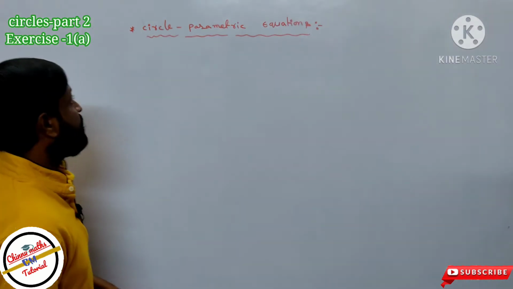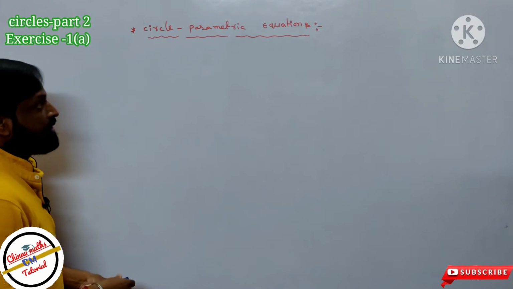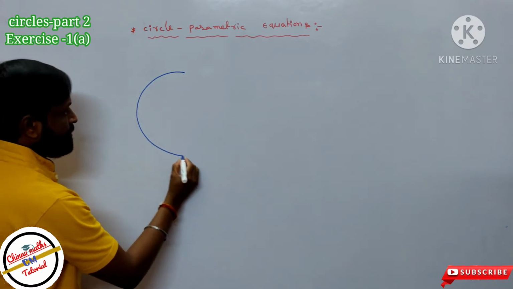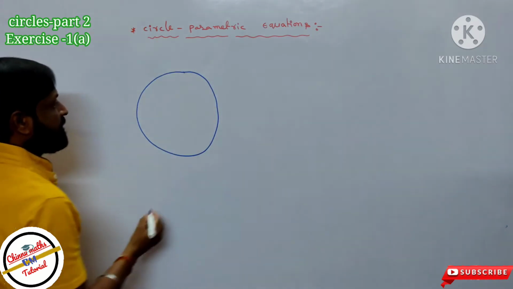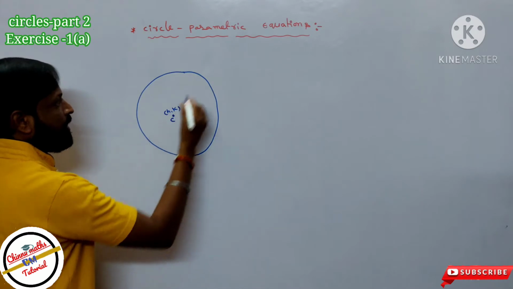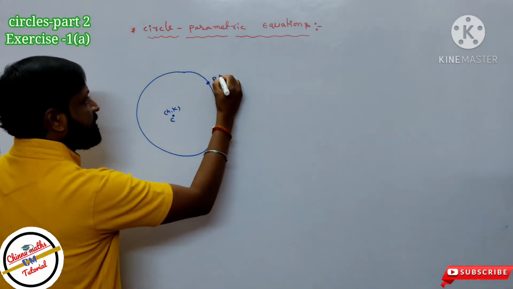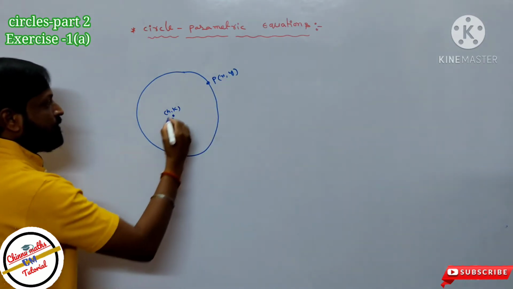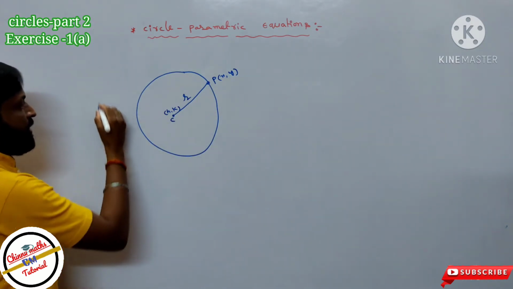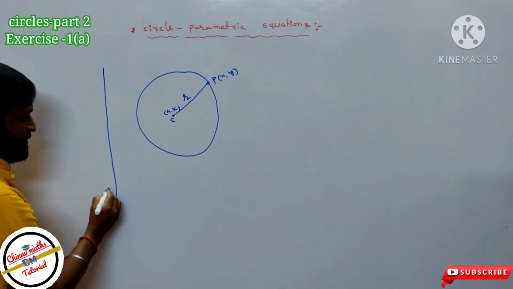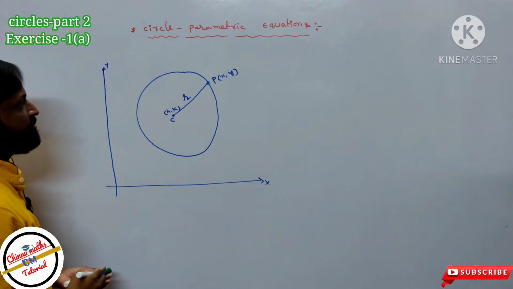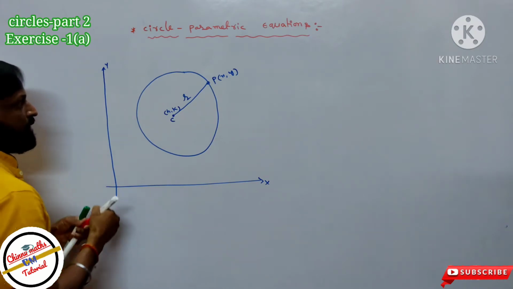Next we discuss the circle and parametric equations. Let's see here, it is a circle with center C equal to (h, k), and the point P lies on the circle, equal to (x, y). If you join them, you will get the radius R. Taking both coordinate axes, X axis and Y axis, we extend the line CP.